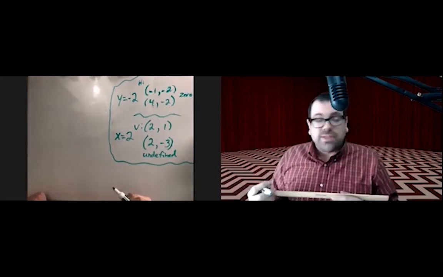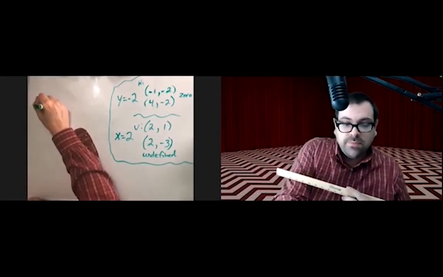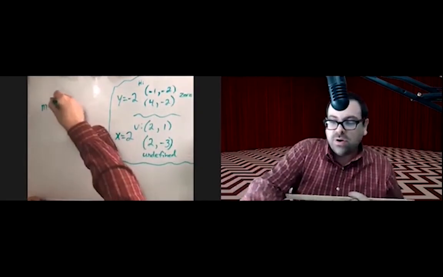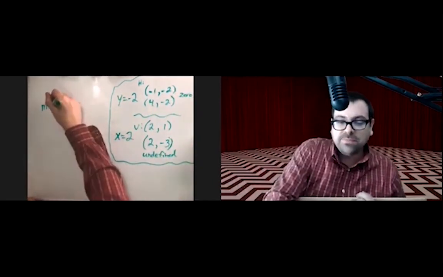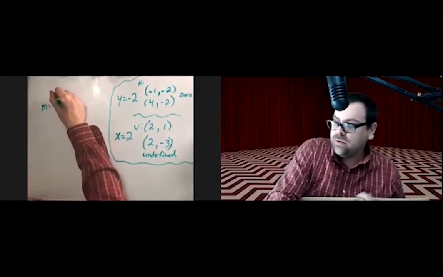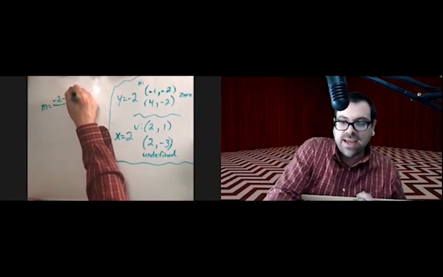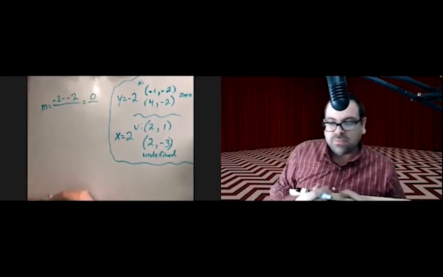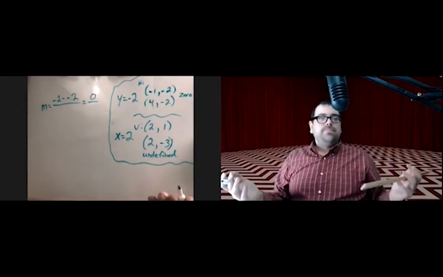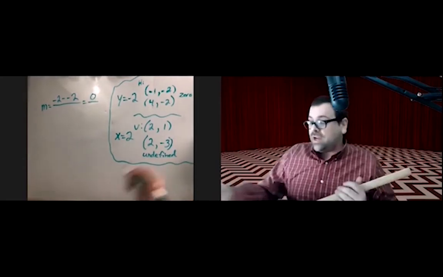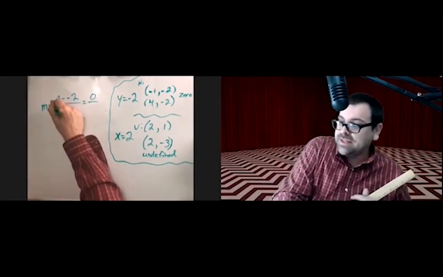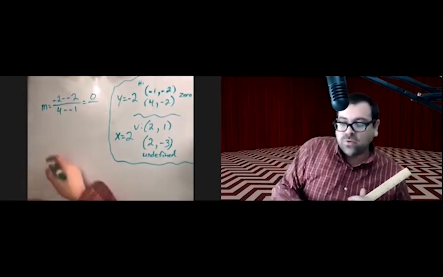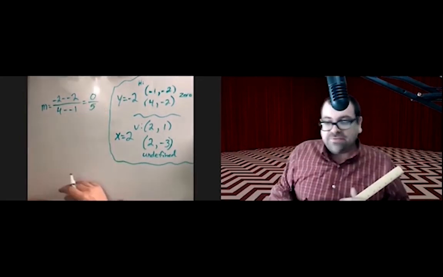Let's go through the motions. M equals y's on top. Y2 minus y1 would be -2 minus -2, which is a 0 on top. Any fraction with 0 on top, it doesn't matter. 4 minus -1 is 4 plus 1 is 5.